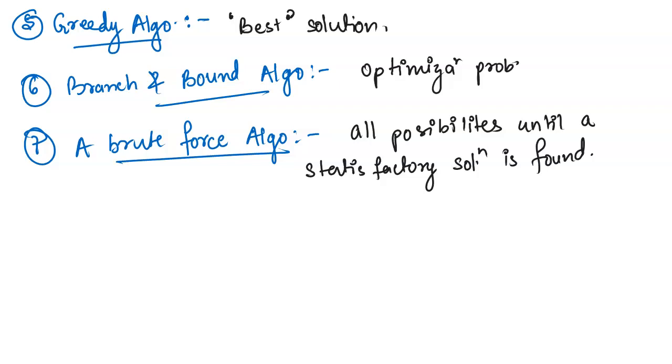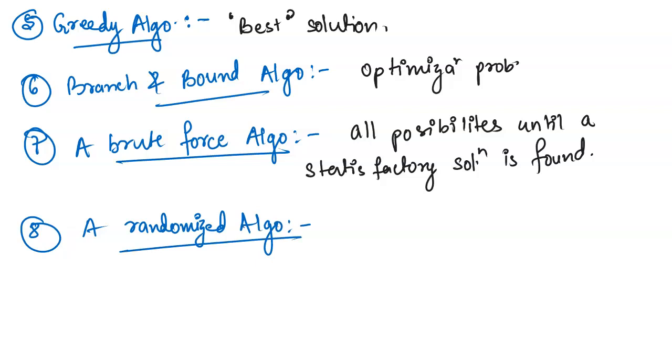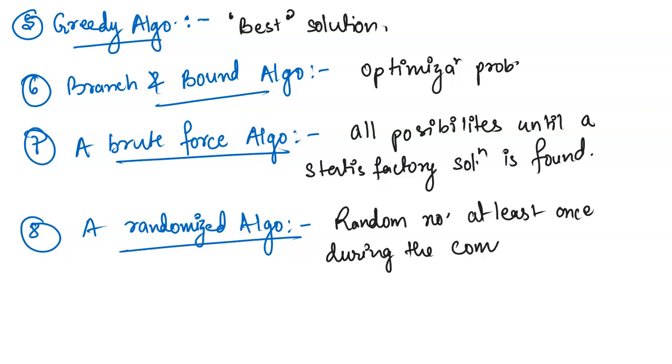The last type is basically the randomized algorithm. In this algorithm, we will use a random number at least once during the computation to make a decision.